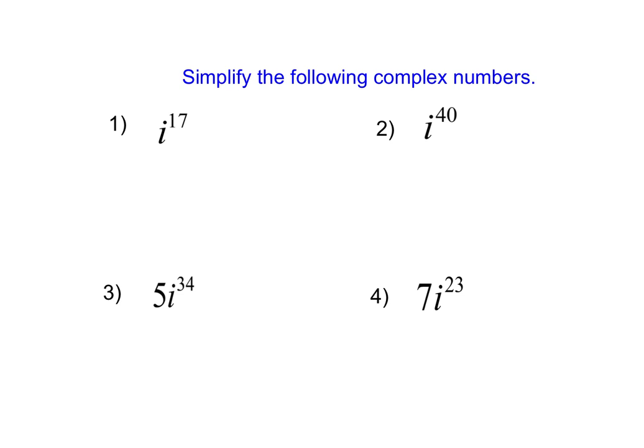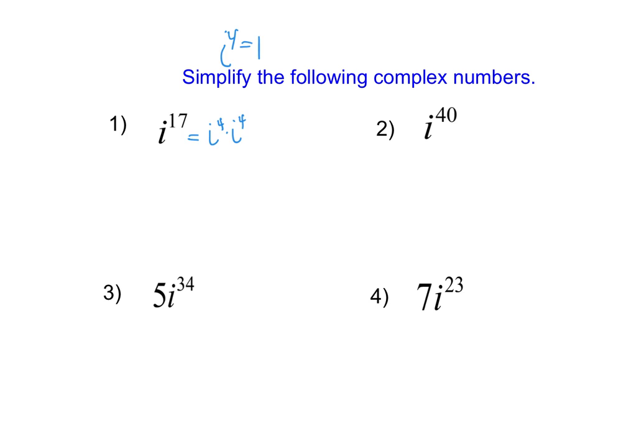The key here to remember is that i to the fourth is equal to 1. So if we can break these up into groups of i to the fourths, we can then simplify it down to something with a much smaller exponent. If we start off looking at i to the 17th, I'm going to break this up into i to the fourth times i to the fourth.